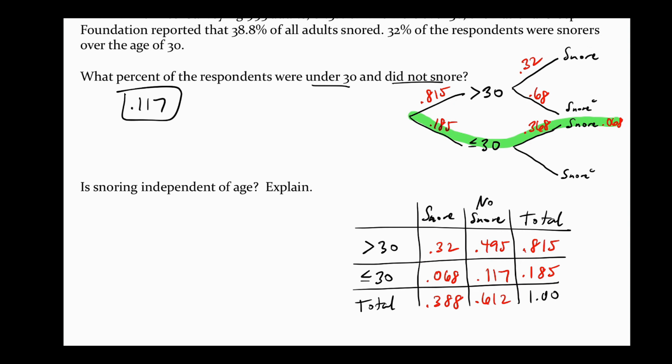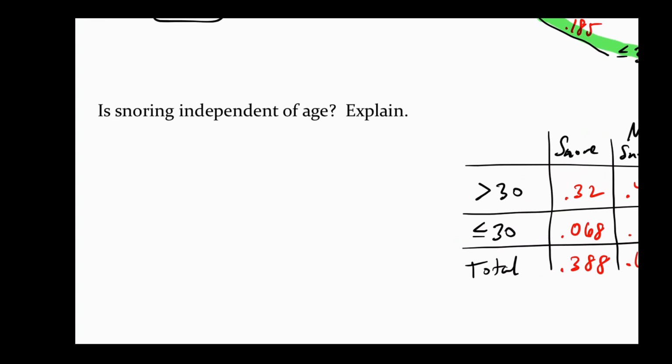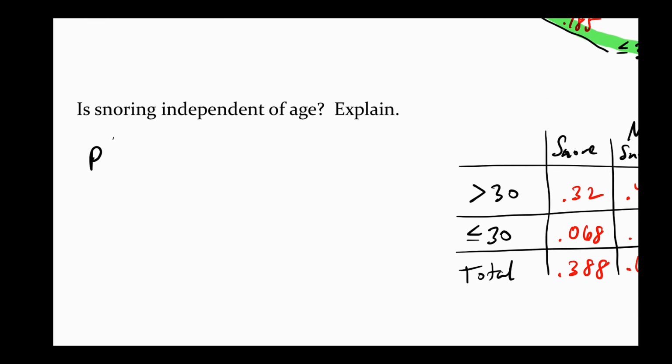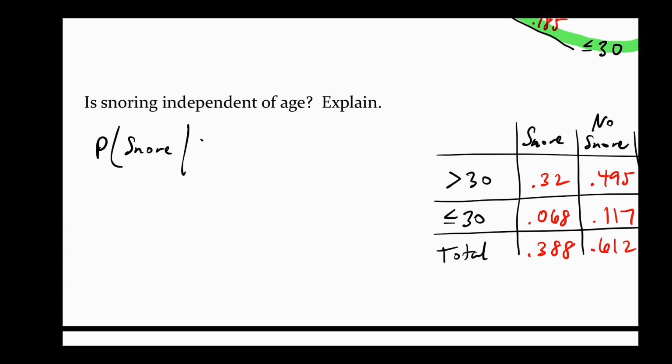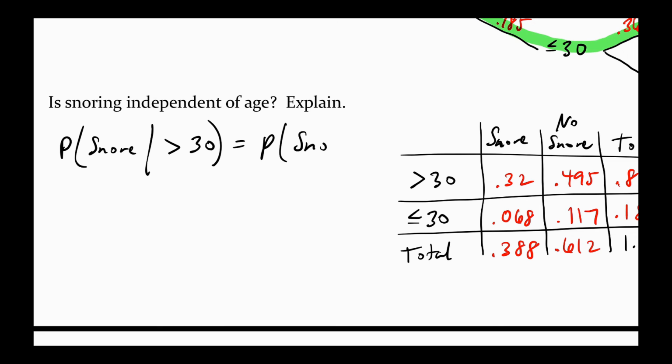Is snoring independent of age? Probability of snore given an age. So pick an age. Over 30? Sure. It should equal the same as the probability of snoring. If those equal each other, then they're independent. If not, they're not independent.